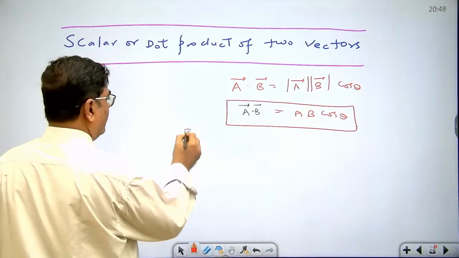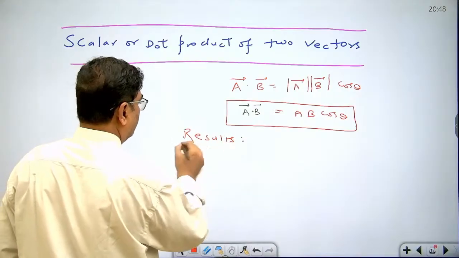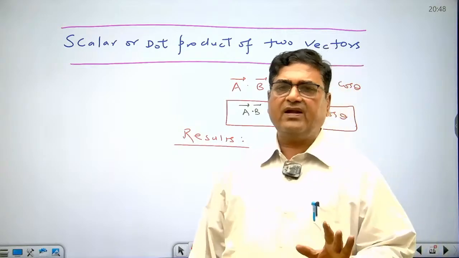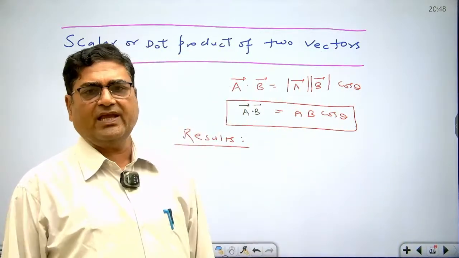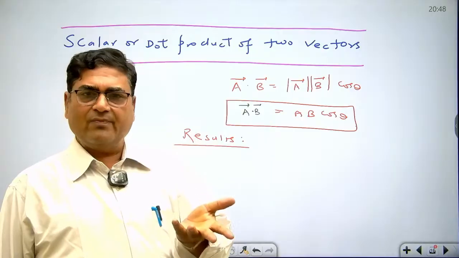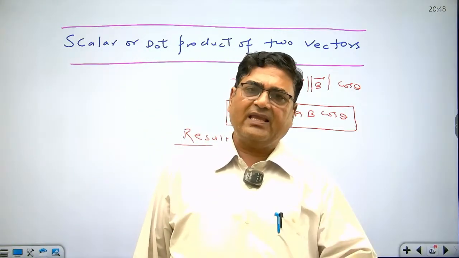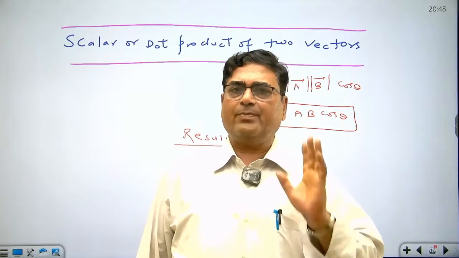Look here, important results. If i cap, j cap and k cap are unit vectors along x, y and z directions respectively, okay? So i cap dot i cap will be 1 because the magnitude of unit vector is 1 and the angle between i cap and i cap is 0 degree, cos 0 degree equal to 1. So i cap dot i cap equal to 1.